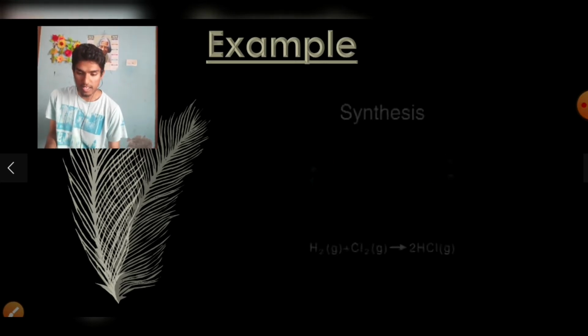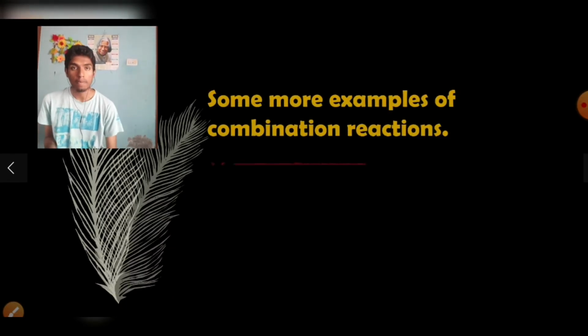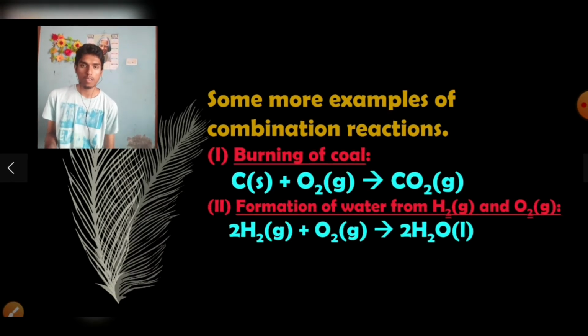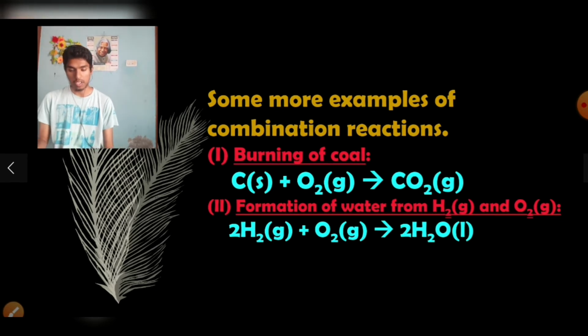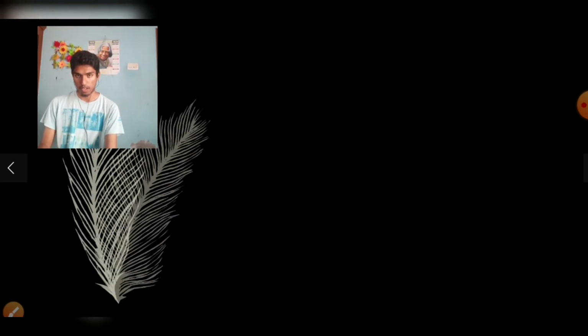Some more examples: burning of coal, where carbon combines with oxygen to form carbon dioxide. This is also a combination reaction, right? And formation of water from hydrogen gas and oxygen. Here two molecules of hydrogen are combining with one molecule of oxygen to give us a water molecule. So this is how a combination reaction works.